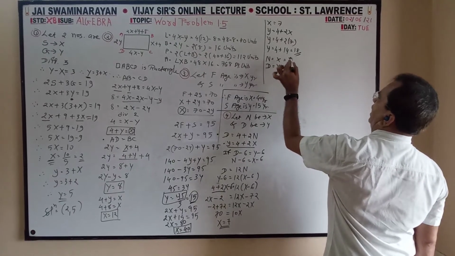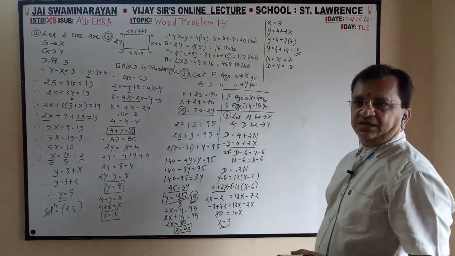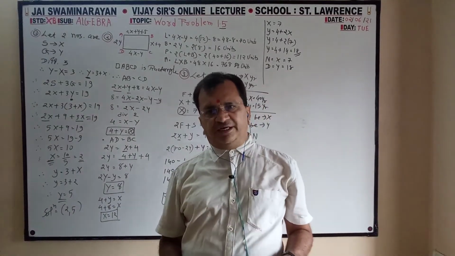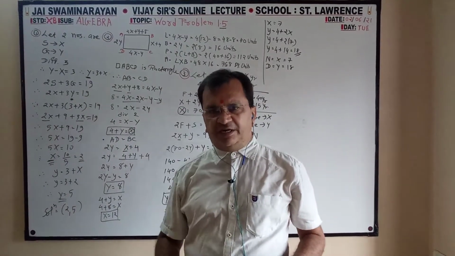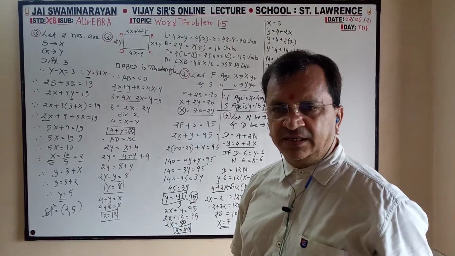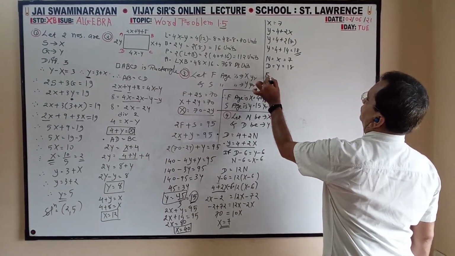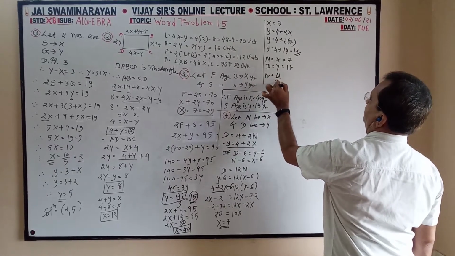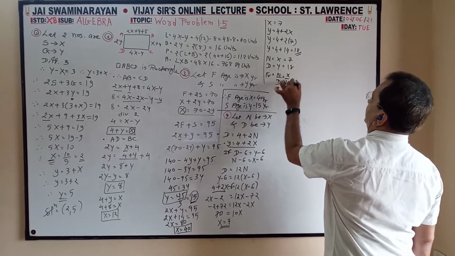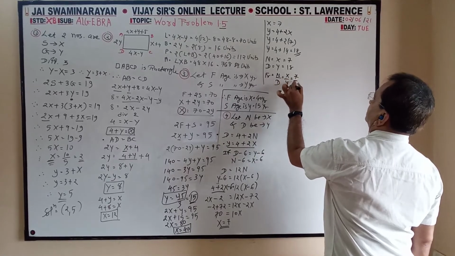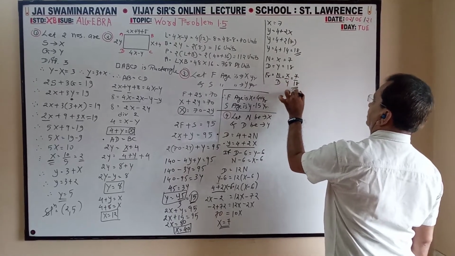The denominator is y, it is 18. They have not asked for the numerator, they have not asked for the denominator, but the fraction is equal to numerator divided by denominator, it is x by y, and x is 7, y is 18. This is the final answer.